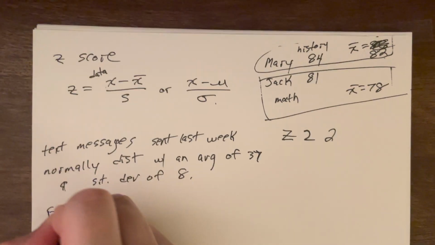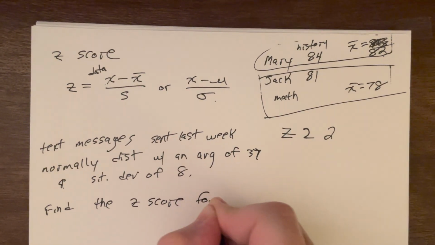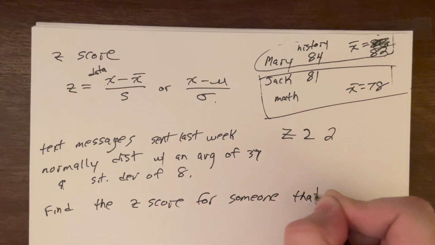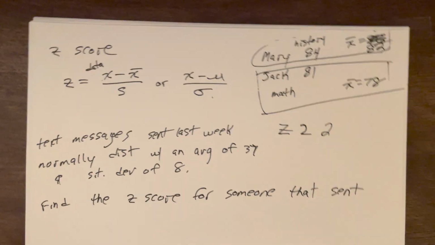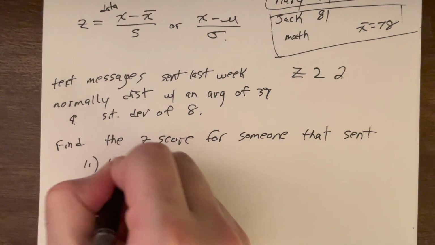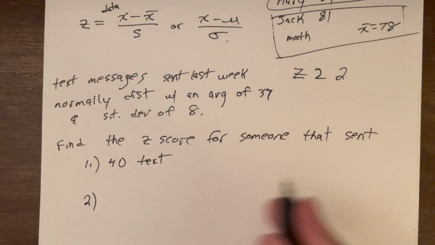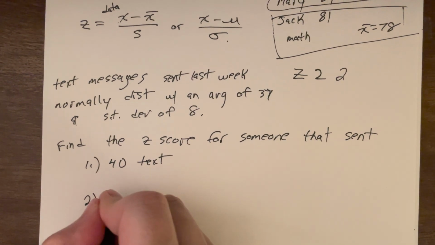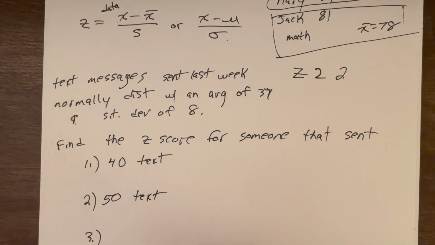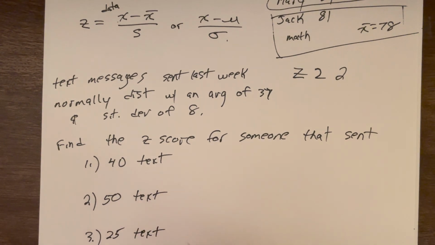Find the z-score for someone that sent, we'll do 3 of these. Number 1, we'll find out the z-score for somebody who sent 40 text messages. Number 2, the z-score for somebody who sent 50. And number 3, the z-score for someone who sent 25 text messages.